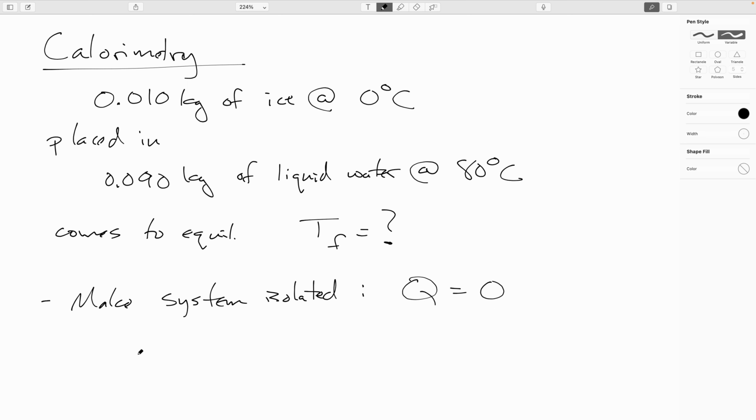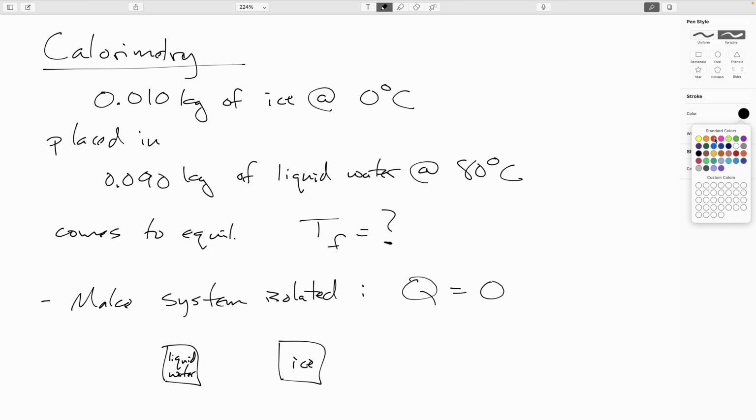So in this example, my subsystems would be the liquid water and the ice. And then I'll go ahead and identify any heat transfers that are occurring. In this case, the temperature of the liquid water is going to drop in order to provide heat to first melt the ice. And then if we can successfully melt all the ice, we'll have a puddle of water at 0 degrees C that we need to raise up to the final temperature.